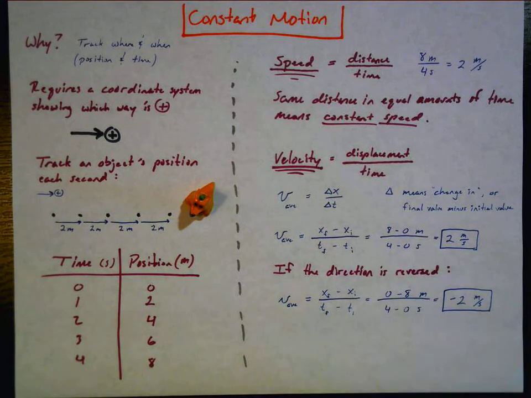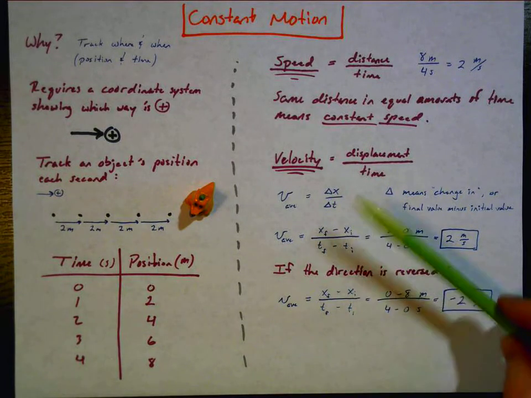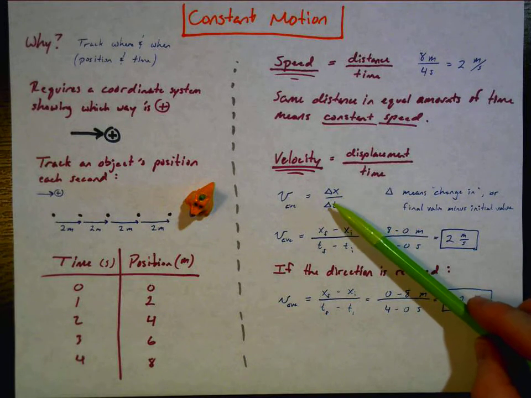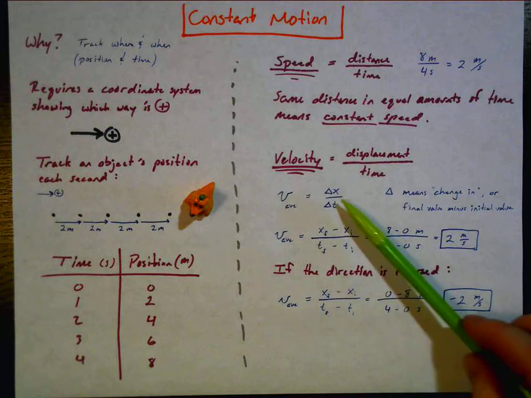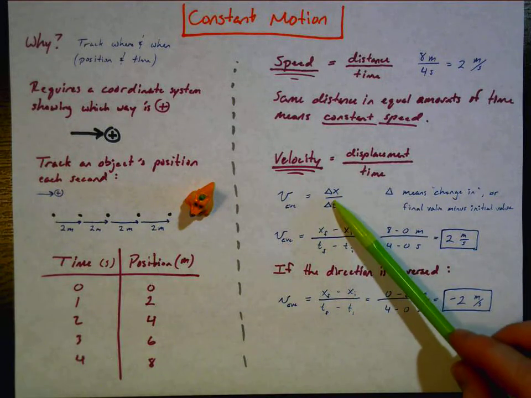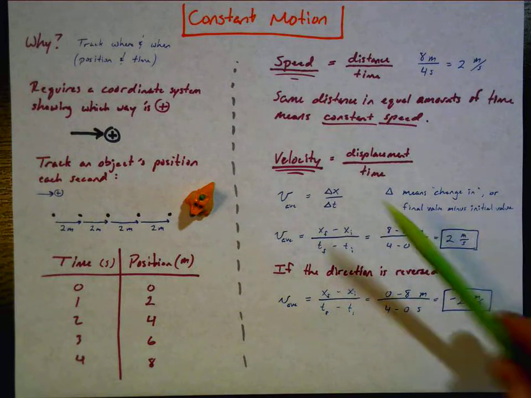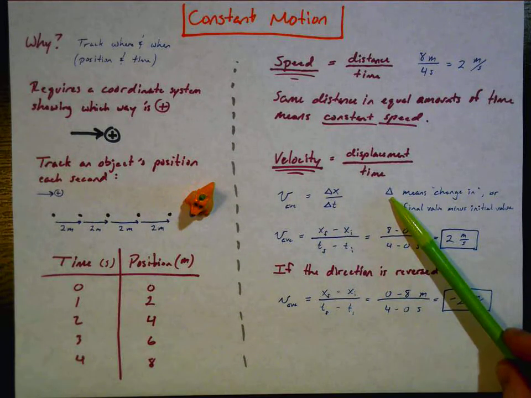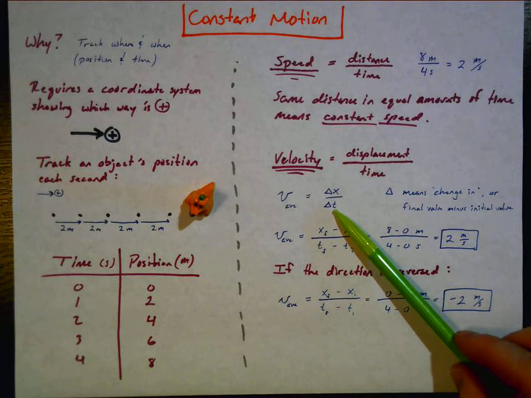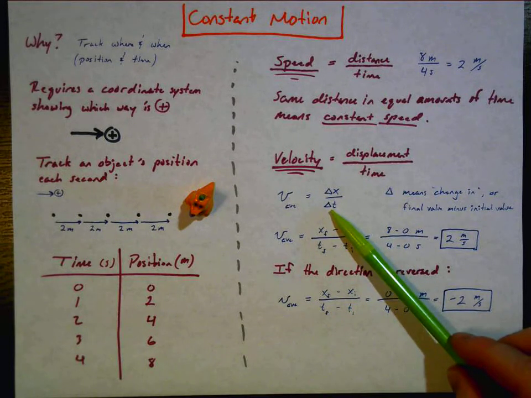It's a formal way of writing it, but x is just the position, say along an x-axis. It's like a distance, but it's more than distance, it's displacement. You'll see that in a moment. The triangle, we say delta. We can say delta x divided by delta t, or change in position divided by change in time.